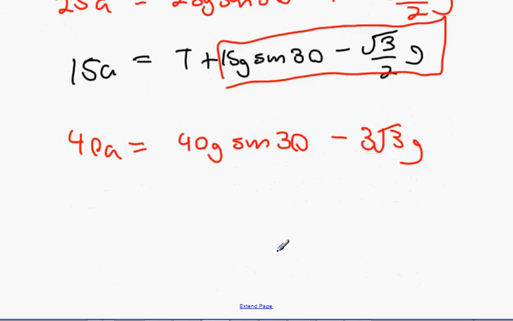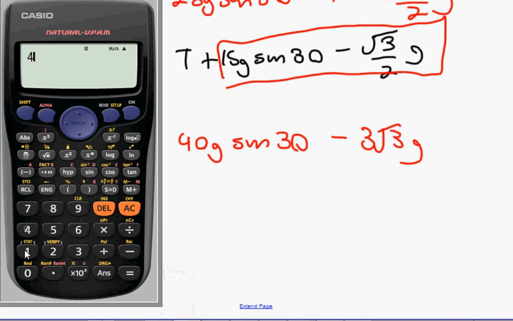Okay, and then now once we're here, what we're now going to get is 40G sine 30. So A is going to equal 40 sine 30 minus 3 root 3, which is 14.8.